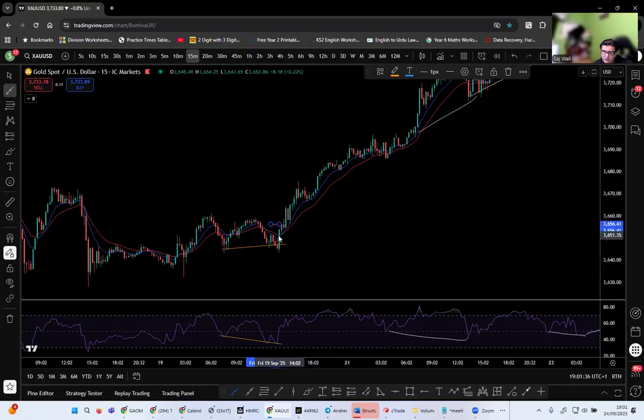This bullish candle, what does it show? It shows that possibly market to the upside. And market did go upside, and also this is a confirmation, and there's a crossover as well.